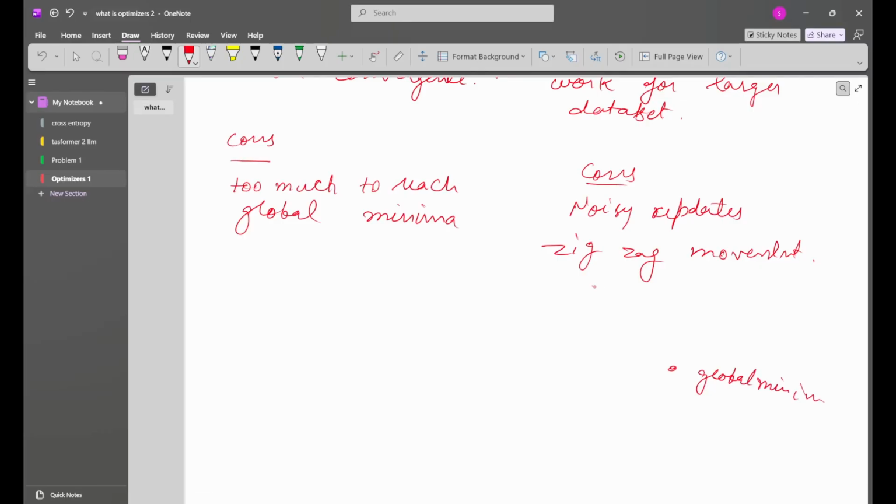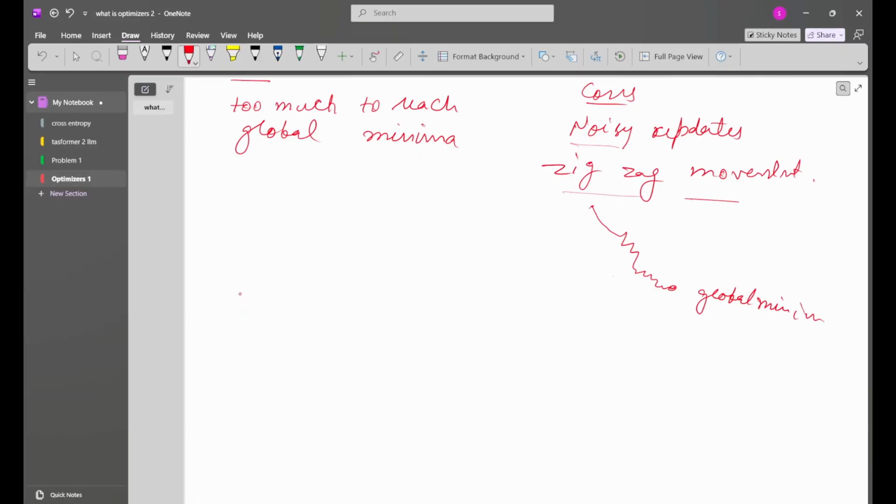SGD travels like this, because every time it is computing gradient, there is new direction information. So due to the new direction information, the updates are noisy with zigzag movement. This is the problem with stochastic gradient descent.